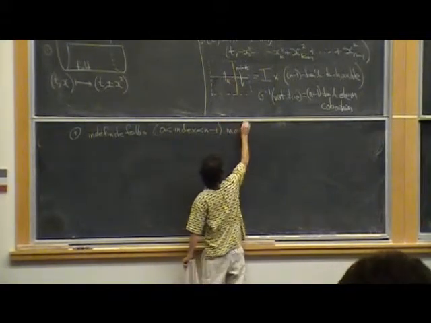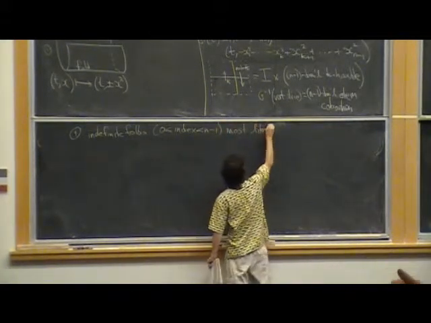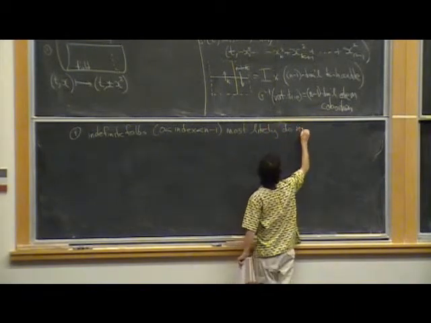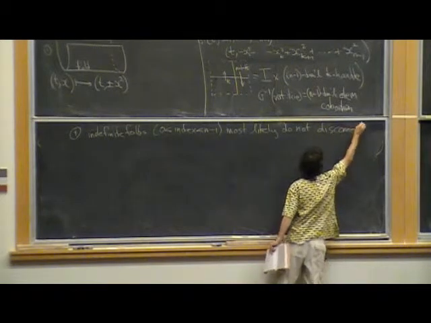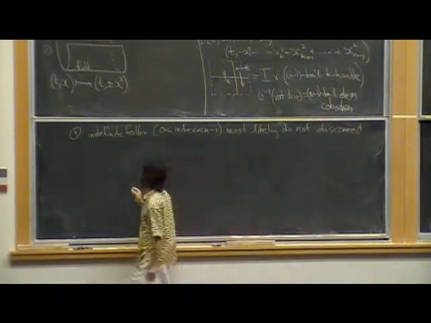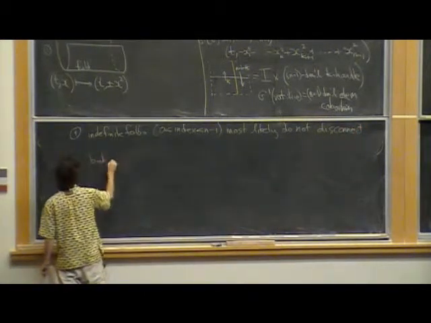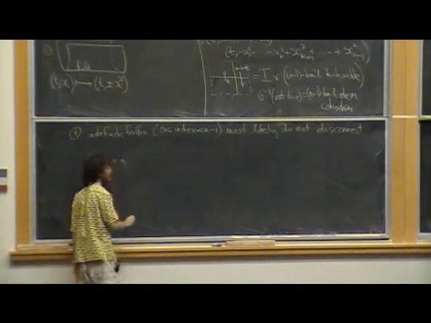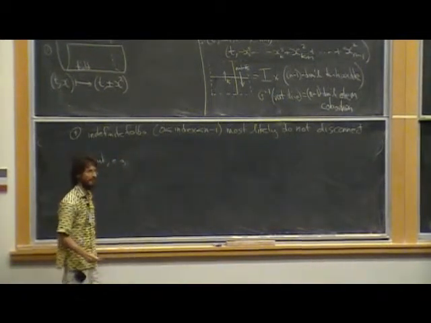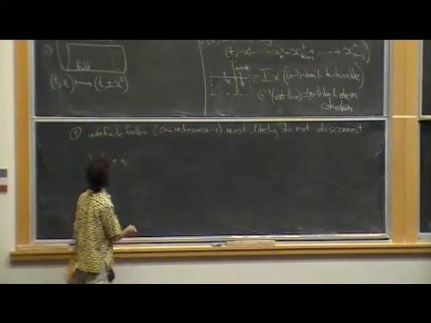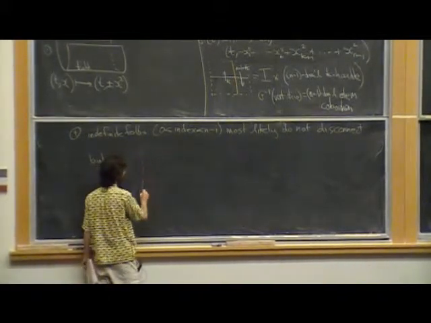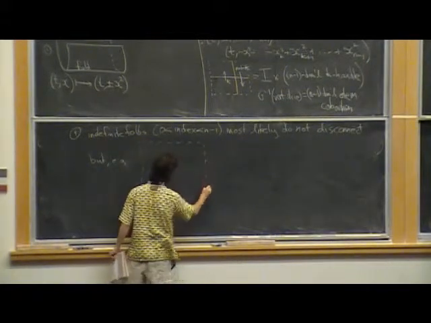So indefinite folds likely don't disconnect the fibers. Okay, except they can in certain dimensions. Even if you somehow avoid definite folds, you still might have indefinite folds that disconnect the fibers, for the following simple reason.